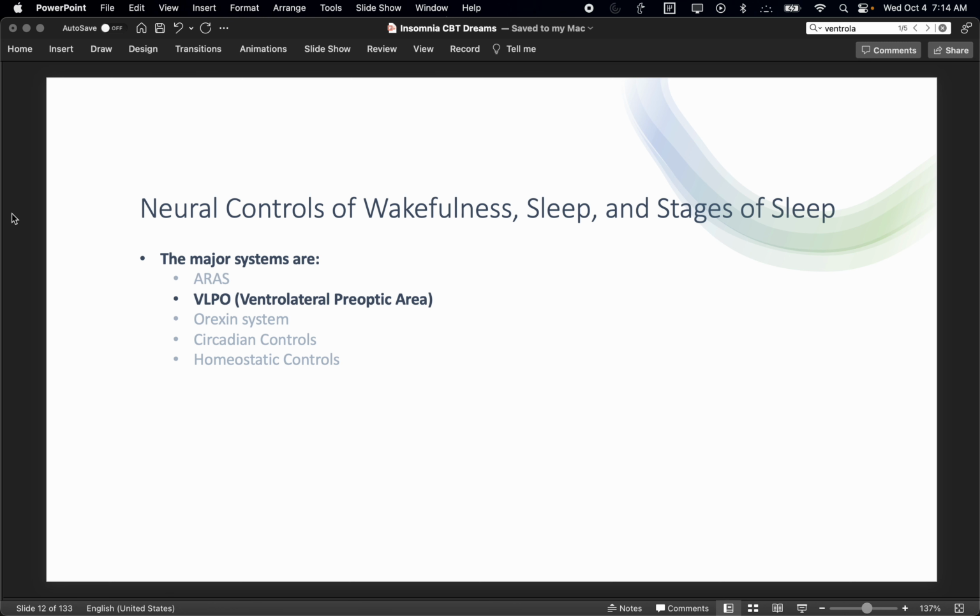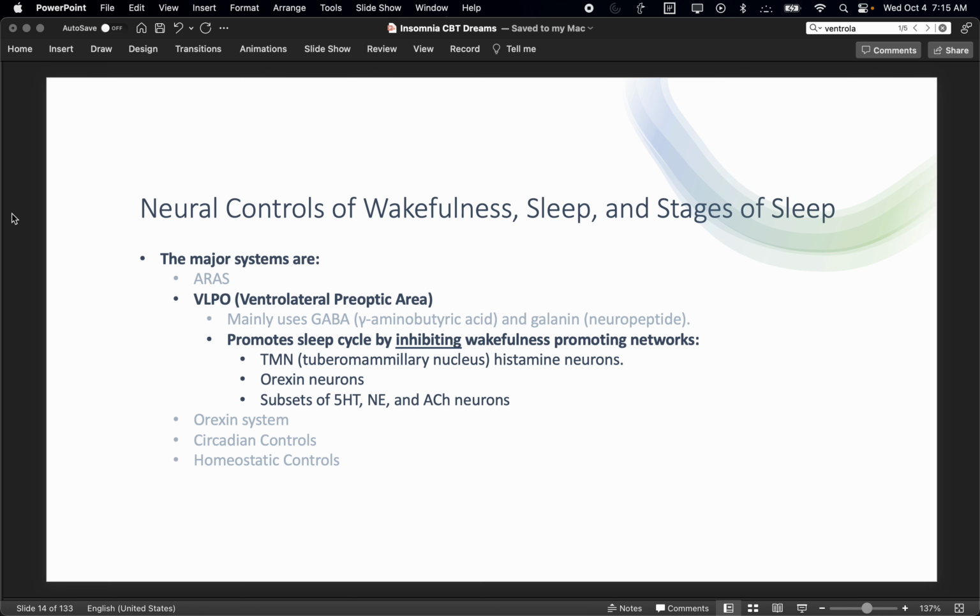All right, the VLPO is the ventrolateral preoptic area. It's mainly producing GABAergic neurons, and then a neuropeptide called galanin. Both of those, GABA and galanin, are trying to inhibit neuron firing.